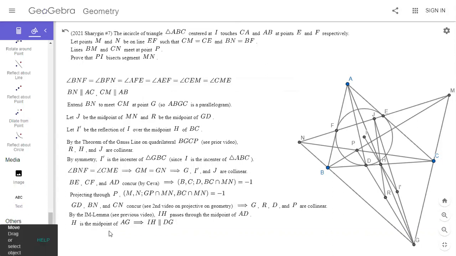And then also, since IH is equal to HI prime and PR is equal to RG, then that means IP, RH and GI prime concur.